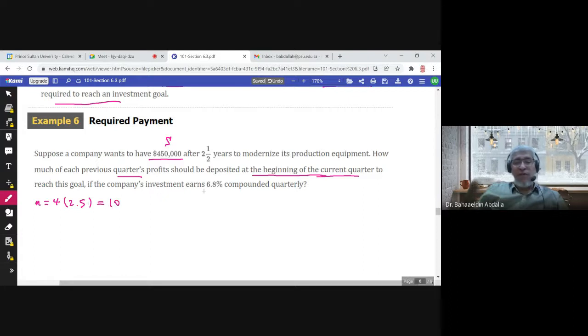If the company's investment earns 6.8%, so i is 0.068 divided by 4 because there are 4 times per year, and this will give you 0.017.